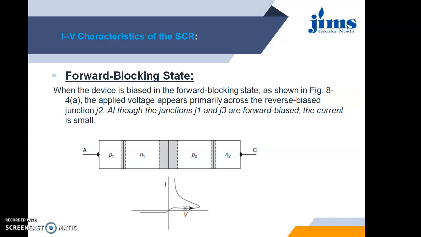The cross is indicating that until the voltage applied across cathode and anode is sufficient to overcome the potential barrier across J2, the device will remain in blocking state. So this is called the first stage, the forward blocking state.